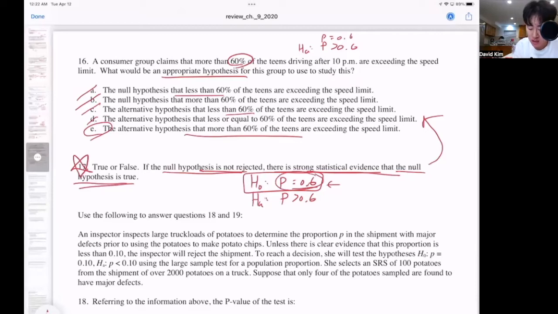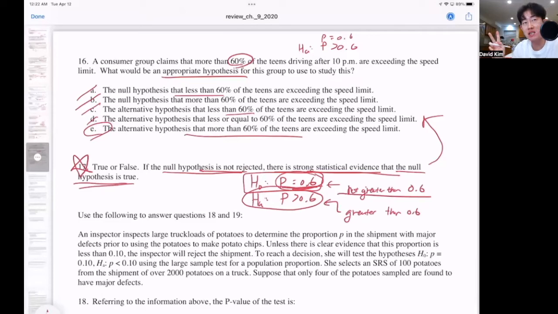We're actually stating that it is not greater than 0.6. That is how we want to read this null hypothesis. It's not that it's equal to 0.6, it's that it's not greater than 0.6, because the other half of that story would be that the alternative hypothesis would state that the proportion of teenagers driving after 10 p.m. is greater than 0.6.